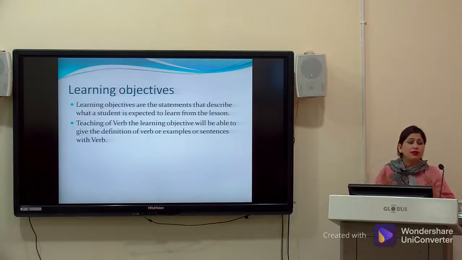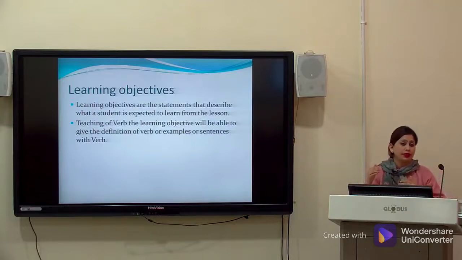That means whenever the teacher is teaching, the teacher has some objective that has to be achieved at the end of the lecture. So, those learning objectives the teacher frames before entering the classroom. For example, if a teacher is entering a classroom and wants to teach the verb, what are the learning objectives?